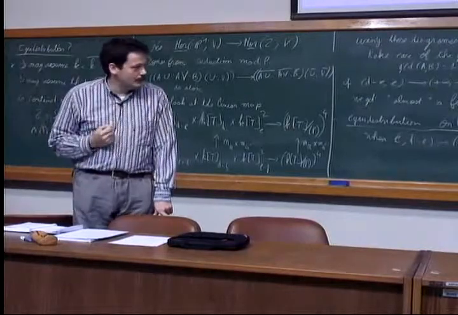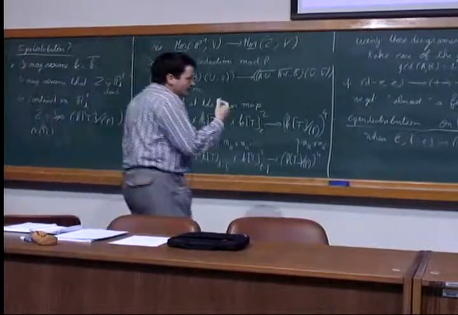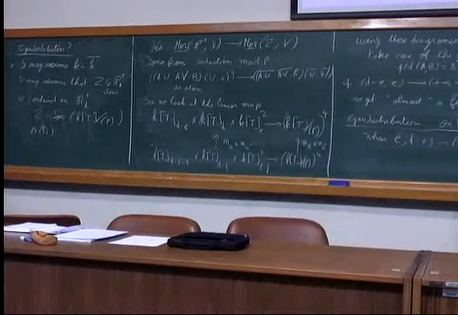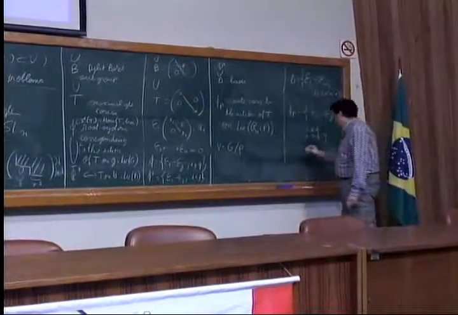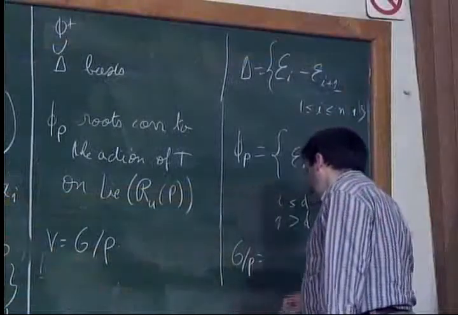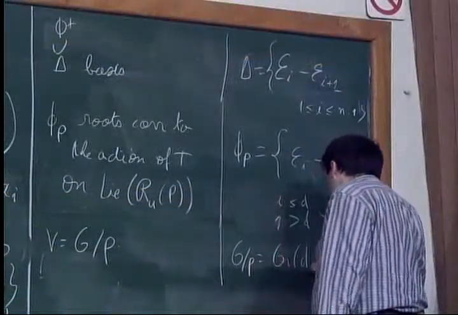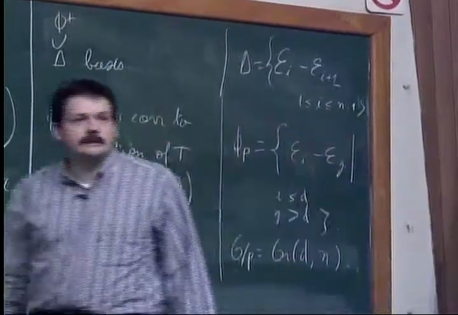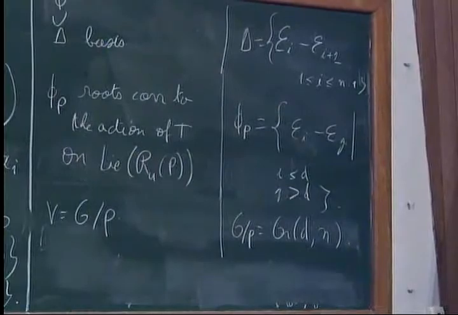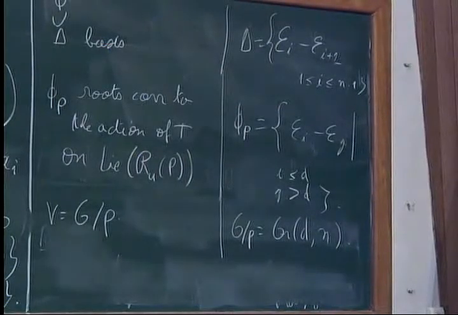So now I want to describe the Picard group of this G over P. So V is G over P. And I want to describe the anticanonical line bundle in it. On this side, G over P is simply the Grassmannian of a subspace of dimension D in K power n.